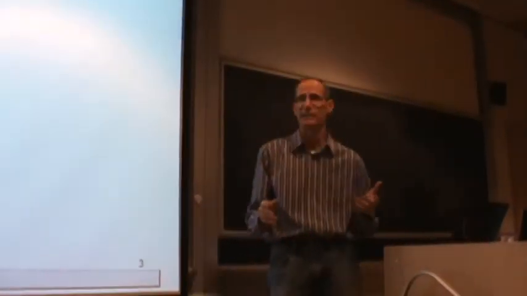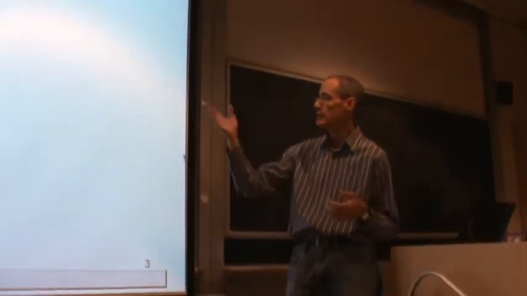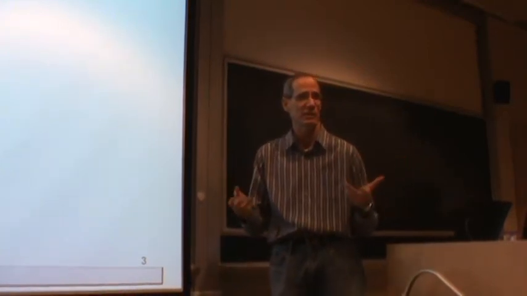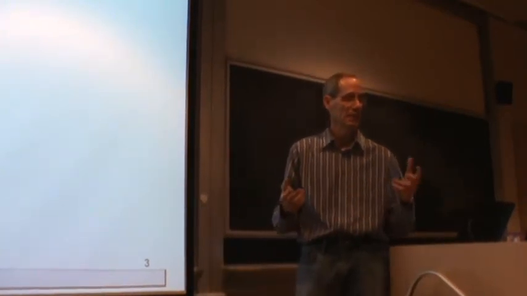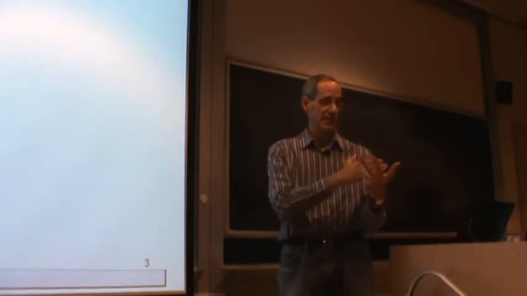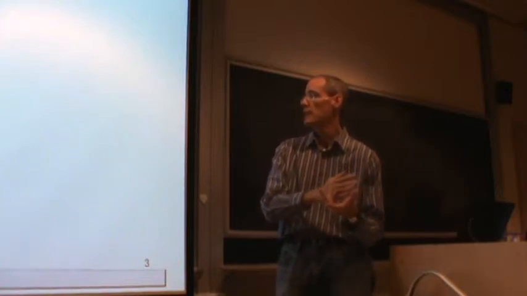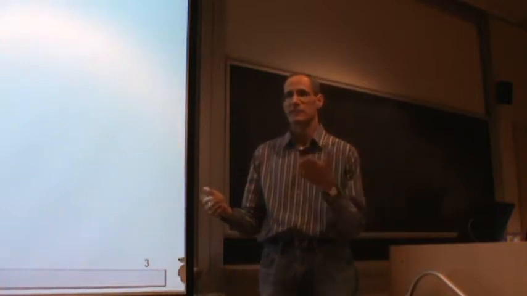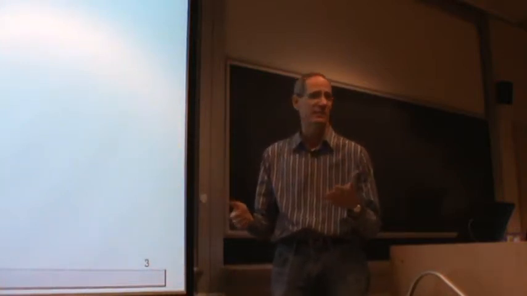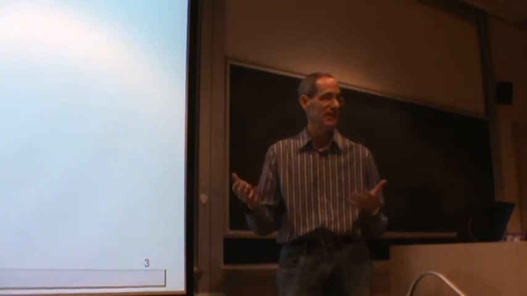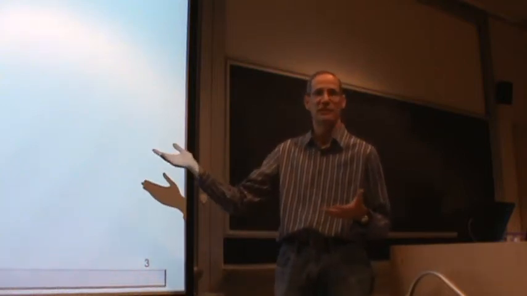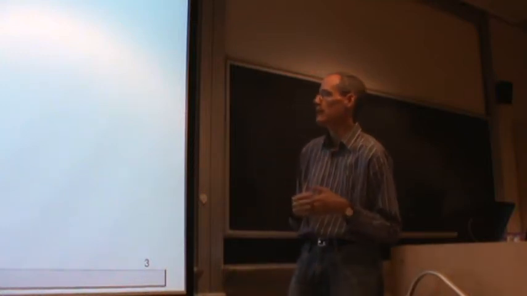And I claim that the VC dimension of this is 3, because here you see 3 points in general position, not on a line. Then there exists, of course, a half plane containing all 3, and for every pair of them there exists a half plane containing exactly this pair, and for every 1 point there exists a half plane containing this 1 point, and for 0 points also there is a half plane not containing any point.